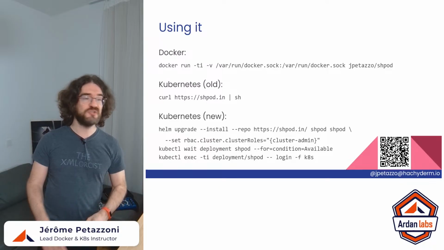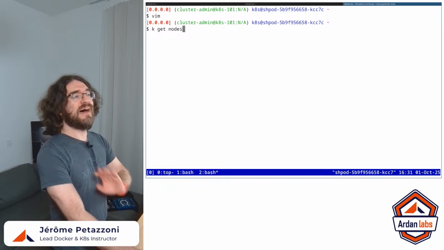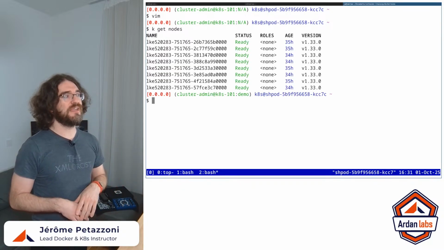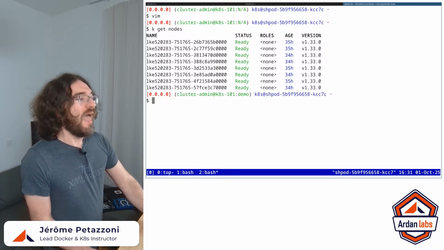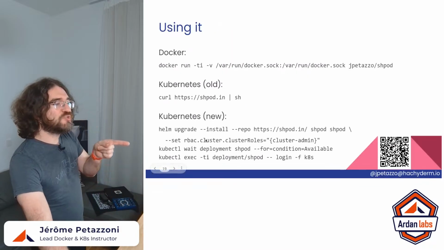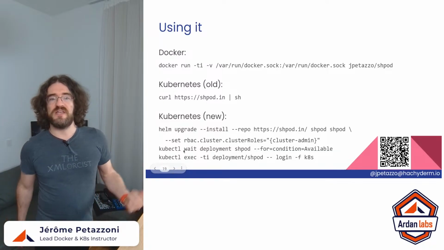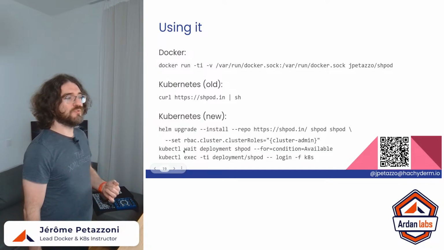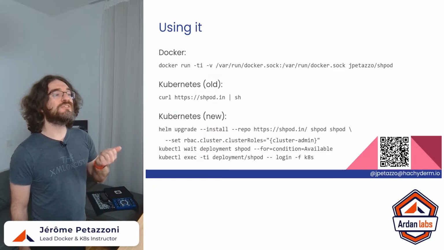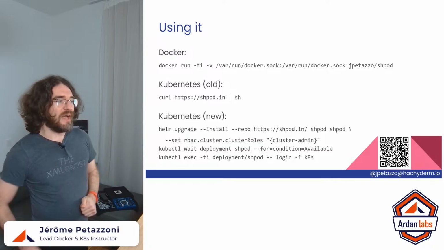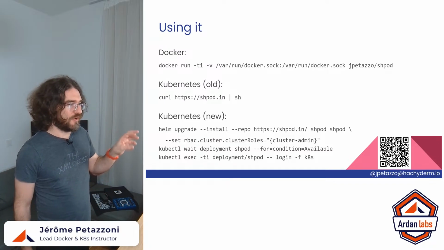So when you connect to it and you do like kubectl get nodes, by default it would tell you something like, sorry, you have no permission to list nodes, go away. So that's why we have that extra line here, which means, hey, I'm using Kubernetes RBAC, role-based access control, to give permissions, more precisely to give cluster admin permission. And then that way you can do everything you want in your dev environment.